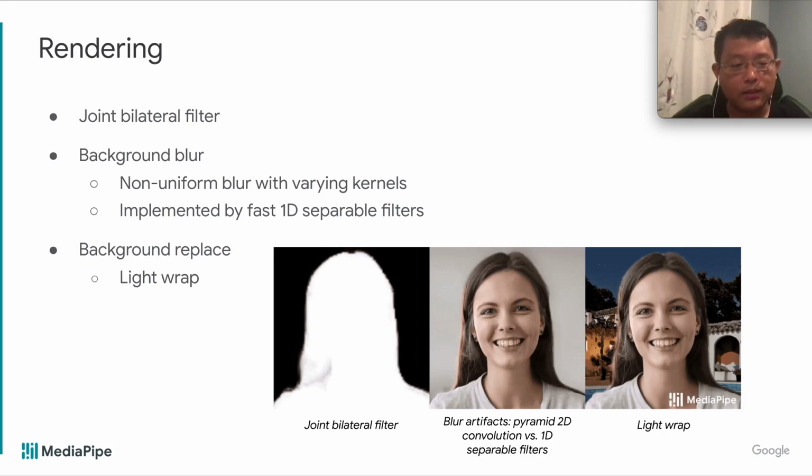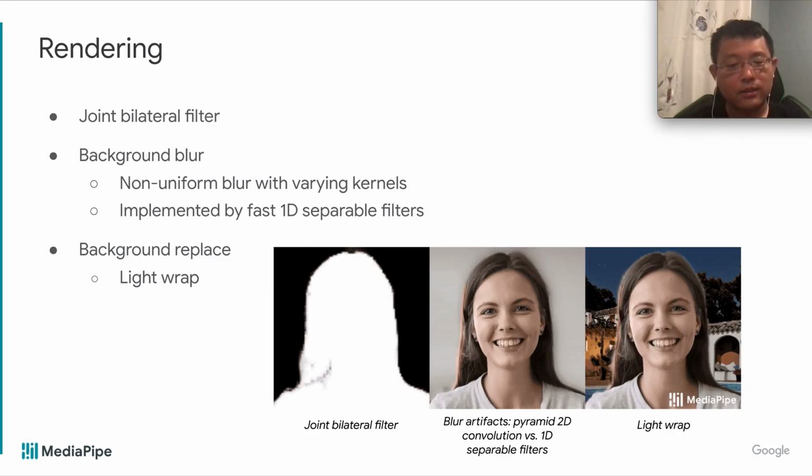In this slide, I'll introduce some of our algorithms for rendering. Depending on the resolution of the output segmentation mask, a joint bilateral filter may be applied to refine the mask. In background blur, we use 1D separable filters. The algorithm is a non-uniform blur with varying kernel size and values.